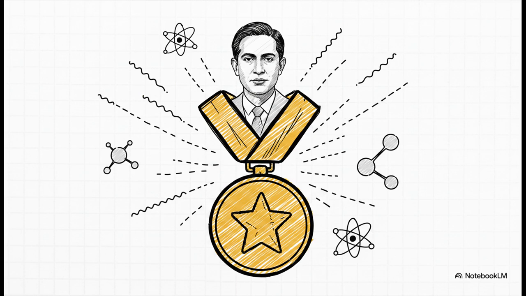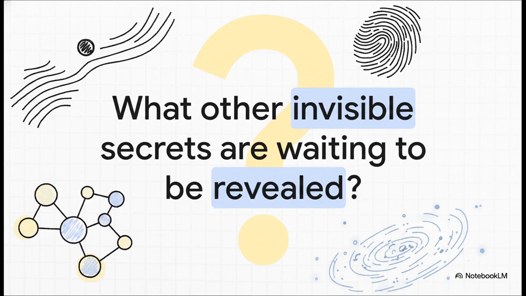He gave science a way to probe the very fabric of matter using just light, and in doing so, he completely changed chemistry and physics forever. And that kind of leaves us with a pretty inspiring thought, doesn't it? Raman showed us how to translate this hidden language that's spoken between light and molecules. And now that we can read these fingerprints, it just makes you wonder, what other invisible secrets are out there, just waiting for us to find the right way to listen?